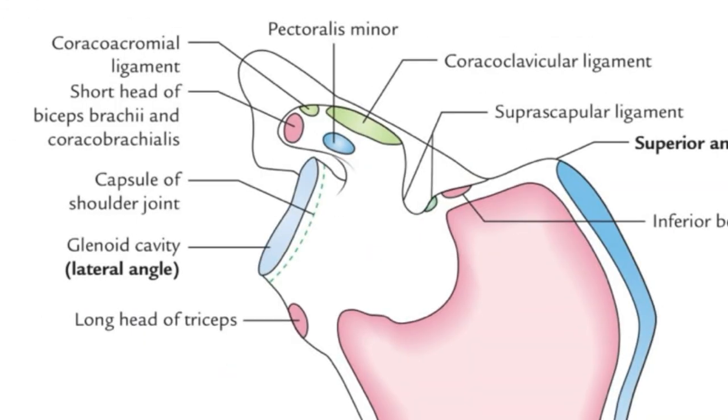The tip is for the origination of the short head of biceps and also coracobrachialis. Don't forget. I hope it's making sense and you are understanding everything. You have seen the pictures. It's very, very easy. Superior angle, inferior angle, with latissimus dorsi inserting in the inferior angle, then the head of your humerus entering the lateral angle.